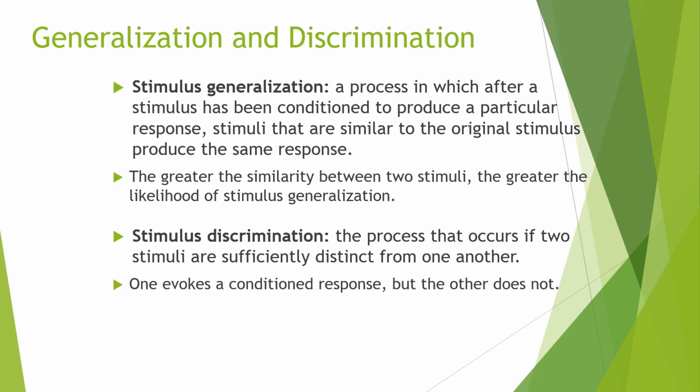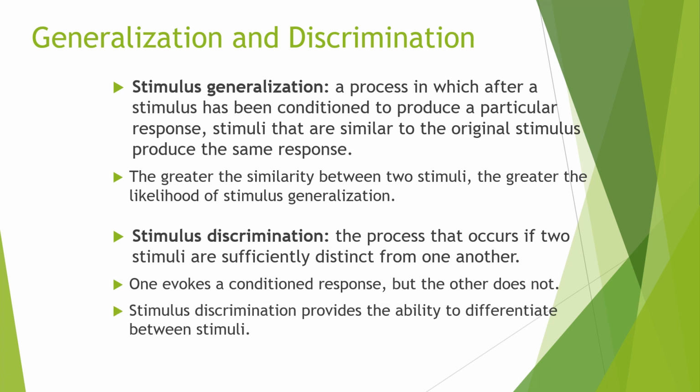One of those stimuli brings about the conditioned response, however, the other stimulus does not. So when you have stimulus discrimination, it provides this ability for you to differentiate between the two stimuli.